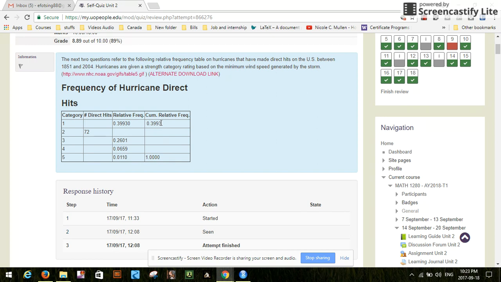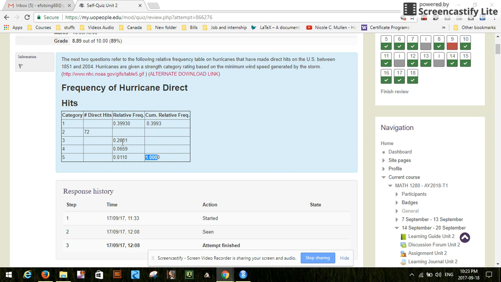One thing that's important to note is that the cumulative frequency keeps adding up until 1. You see the last one here is 1. It means that we have added all the relative frequencies.